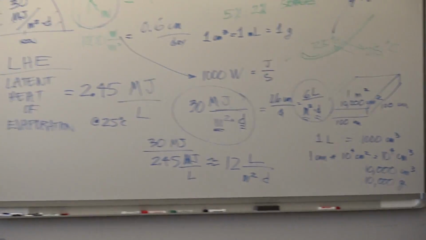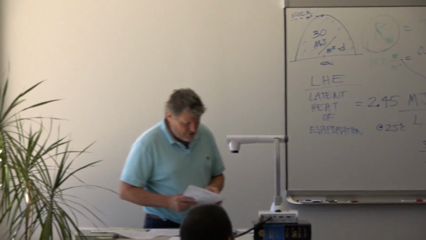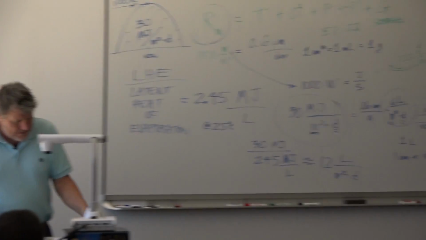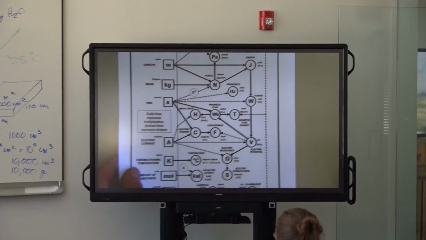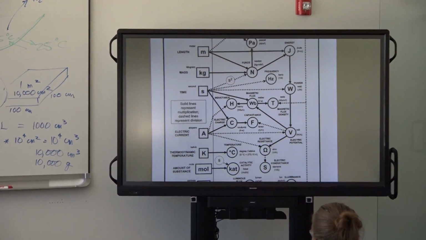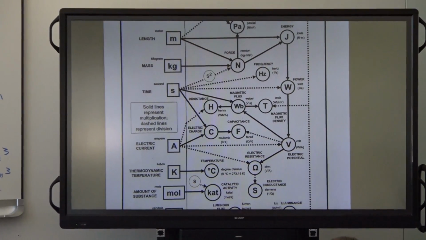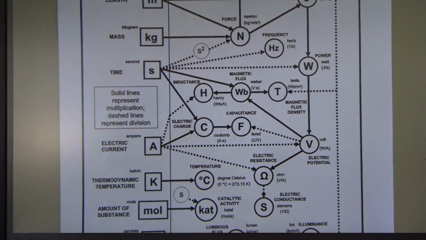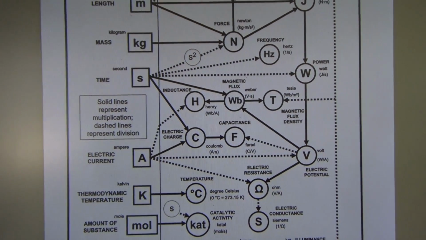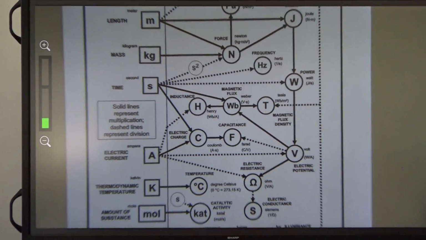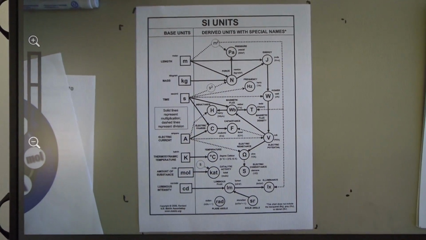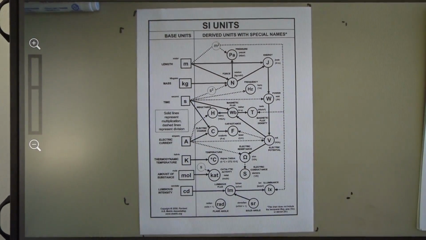Nowadays you can look these up on the internet, not just the base units but all the relationships, and most of them are so simple, like watt and joules per second, you remember them. But here's a little handout that I've found useful for some of the relationships.